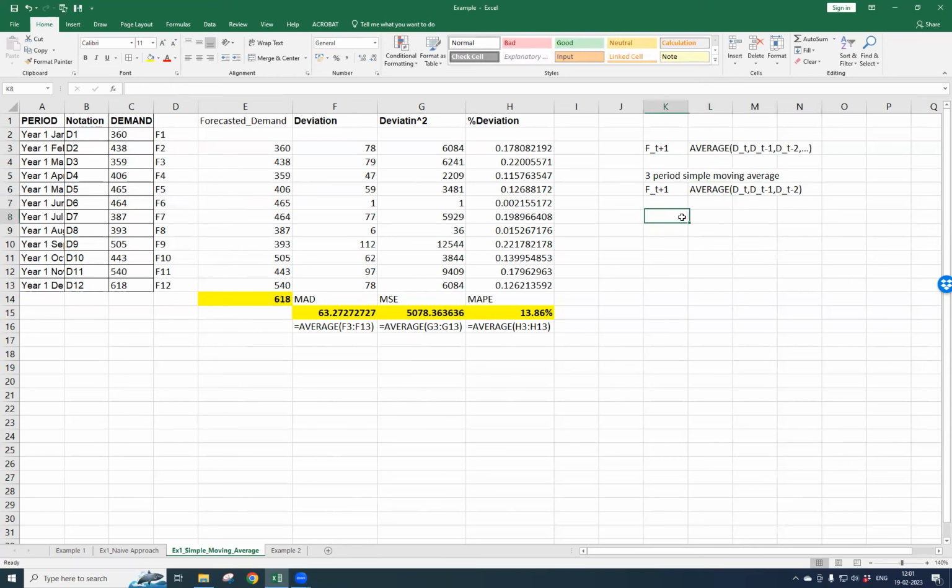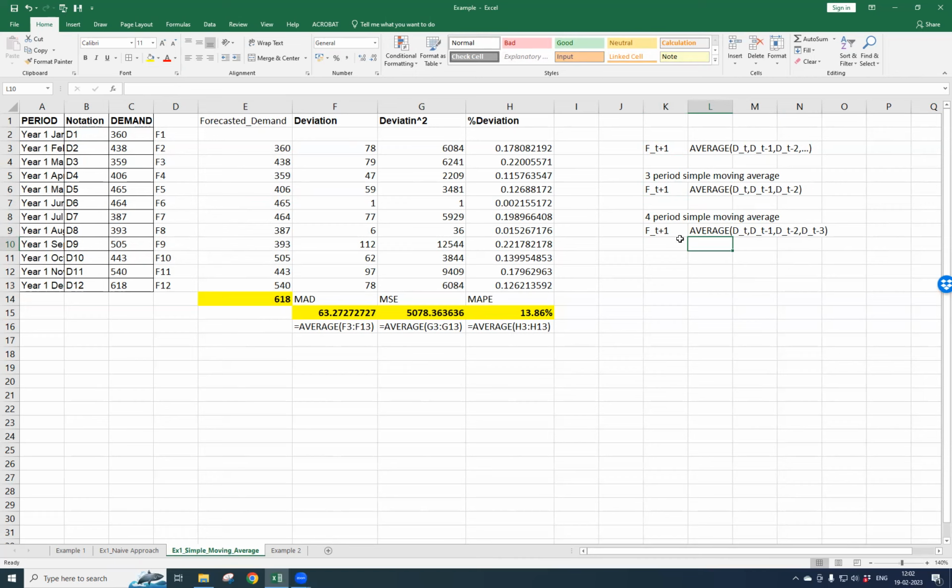Now, if I say that I'm going to use a 4-period simple moving average, then the same thing would become, instead of the average of dt minus 1, dt minus 2, I will also include dt minus 3. Okay. Now, just to make our life simpler, I'm going to go with a 3-period simple moving average.